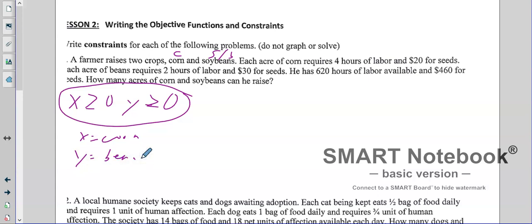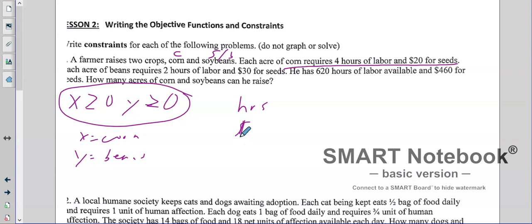Okay? Now, it says each acre of corn requires 4 hours of labor. So corn is 4 hours of labor and $20 for seeds. So we got two things. Labor or hours, money or seeds, however you want to put it. You can put time, whatever. I'm just going to put hours and money.